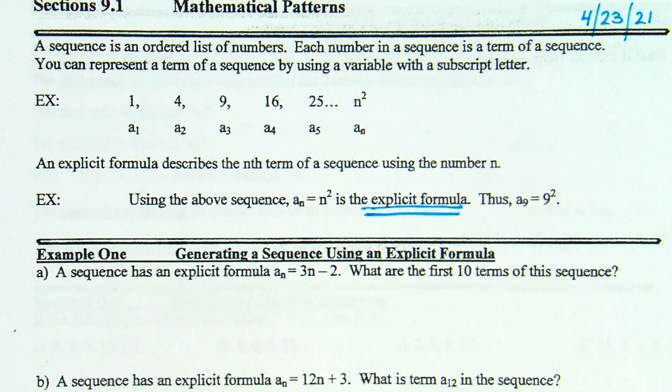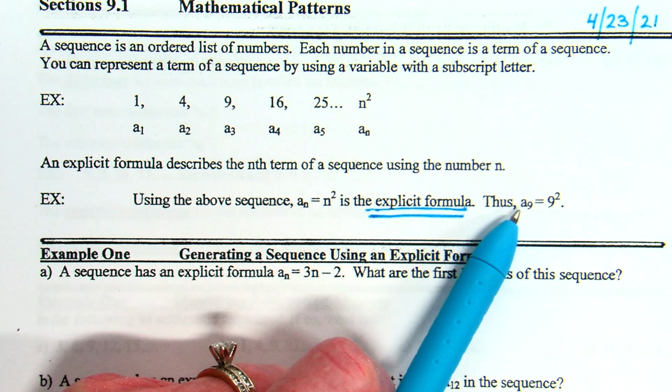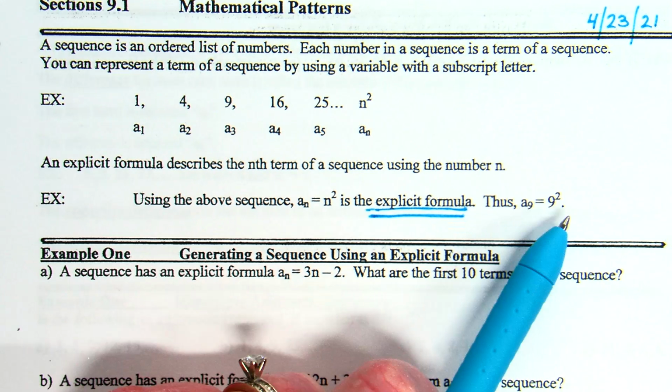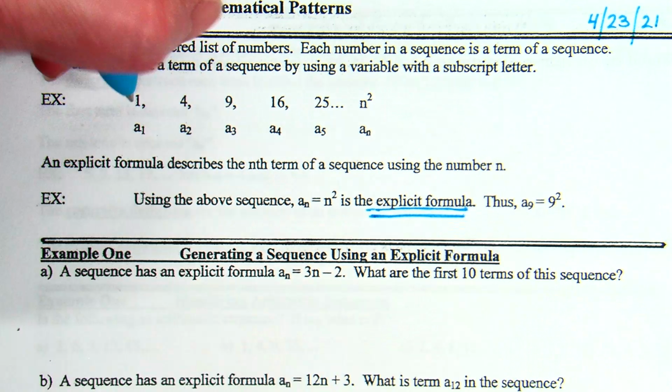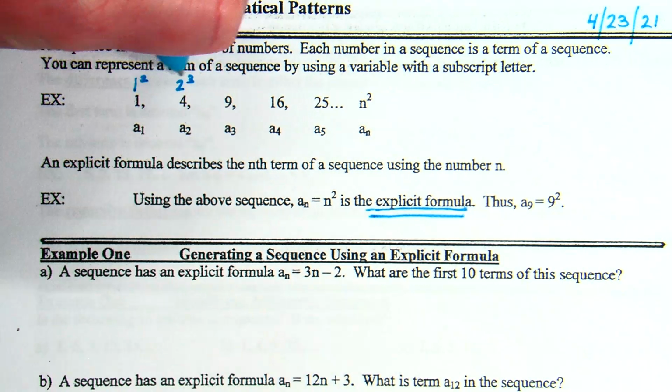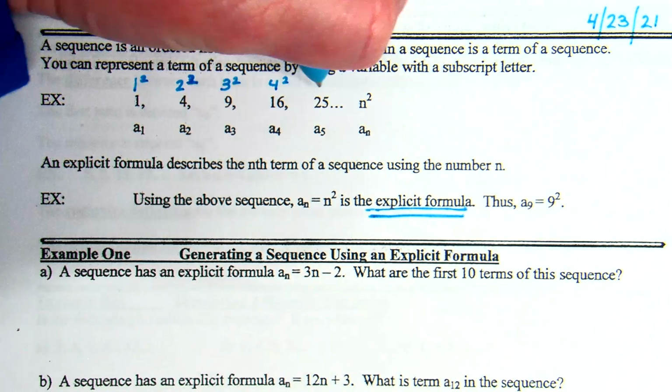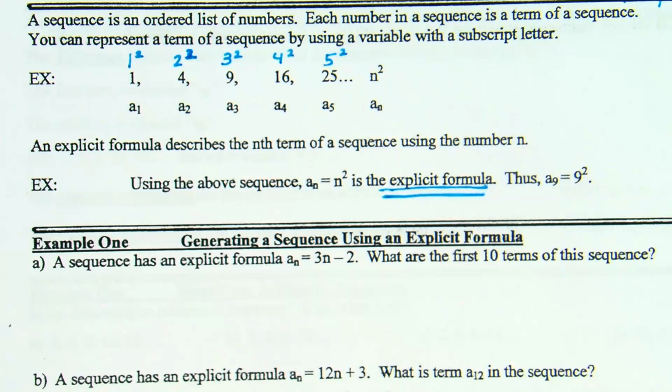So, for instance, the 9th term is 9 squared, which could also be written, of course, as 81. And I didn't write it up here, but you guys saw that this is 1 squared, 2 squared, 3 squared, 4 squared, and 5 squared. Yes? Maybe that's not the first thing you saw, but I'm hoping you eventually saw it.